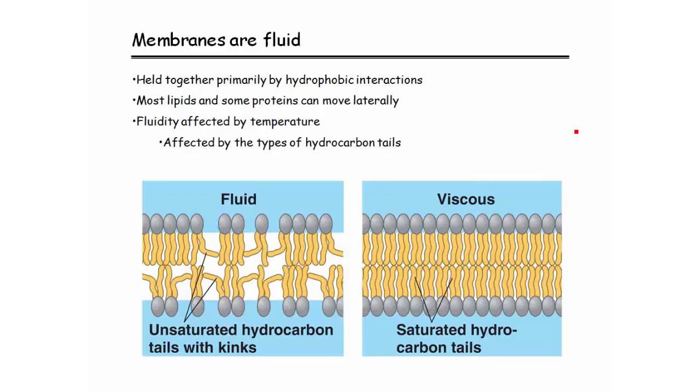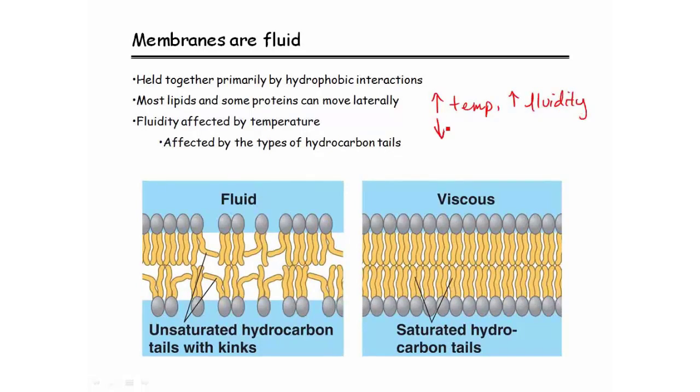Keep in mind that the degree of saturation affected that as well. So if we had something that was saturated, we talked about our saturated fatty acids, those were solids at room temperature. And if we talked about our unsaturated fatty acids, those were liquids at room temperature. So essentially, we have this balance that must be maintained in the degree of fluidity of a membrane. The higher the temp, the higher the fluidity.